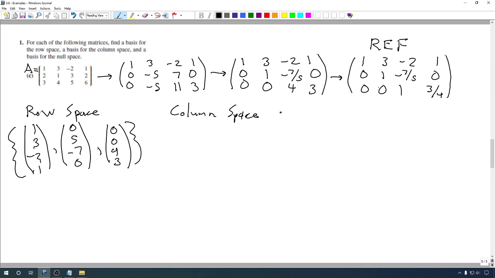For the column space instead, we're going to look at our leading ones. We have a leading one here, here, and here.